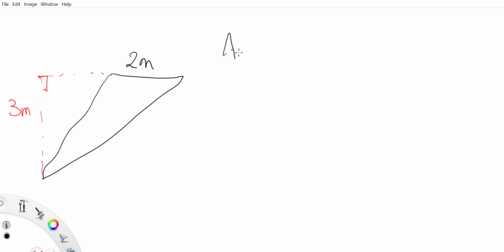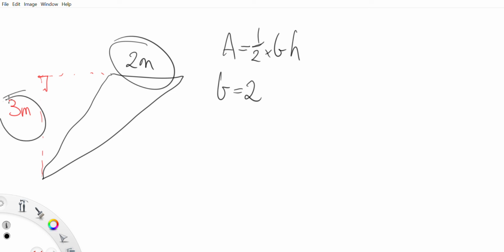We have to write down our formula. A equals 1/2 times the base times the height. What does the base equal? Well, even though the base is up the top, we say that the base equals 2. So it equals 2 meters. Alright, the height equals 3.